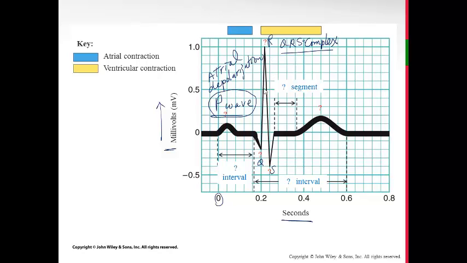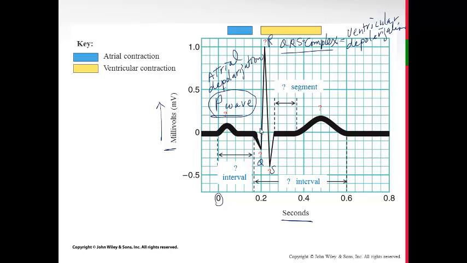Okay. And that tells you when your ventricles are undergoing depolarization. So we call it ventricular depolarization. Okay. Now, you probably have a question. Once the atria depolarize, they also have to relax.